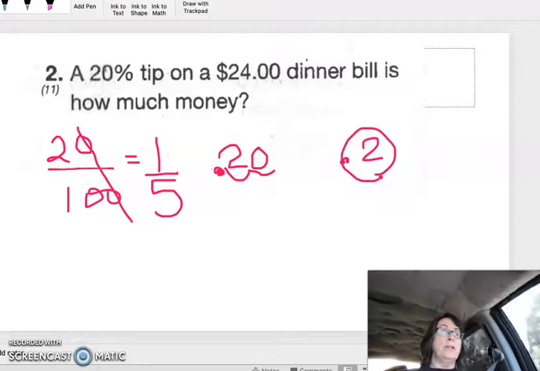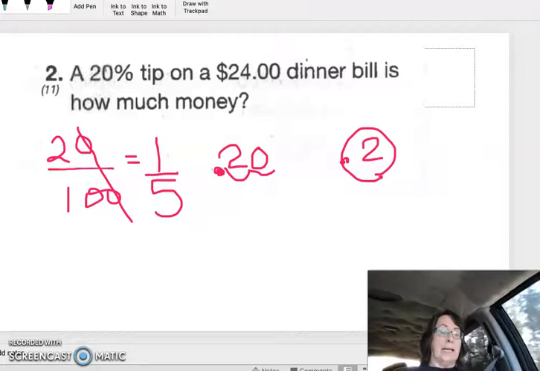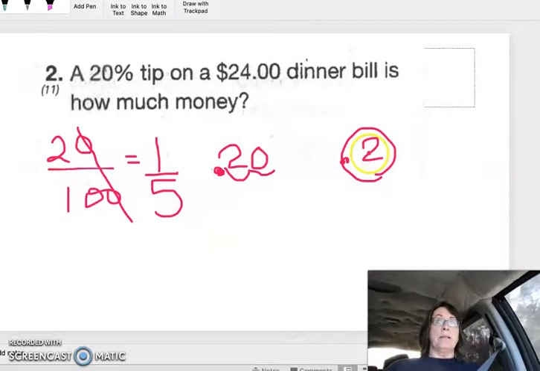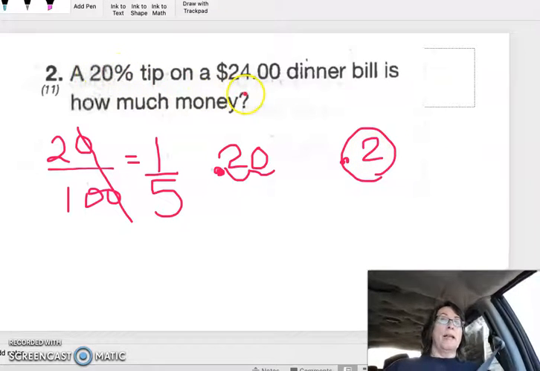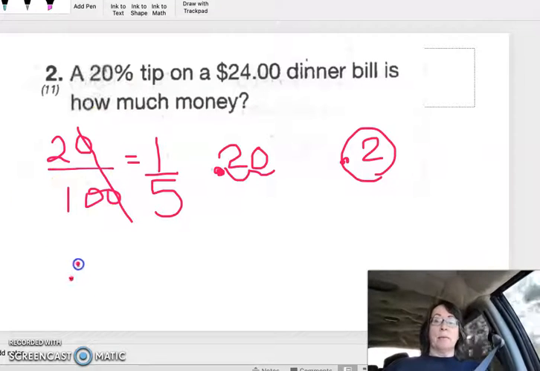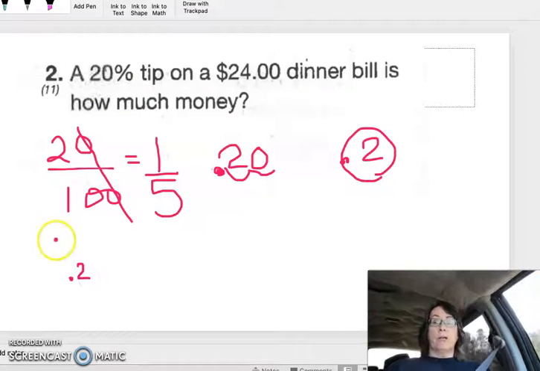I'm going to go ahead and do it with decimals because it's money, and money is in decimals. So I'm going to use the 0.2. And since it's 20% tip on a $24 dinner, it's really 20% times $24, okay? So we're going to use the 0.2 for the 20%. We're going to use the $24.